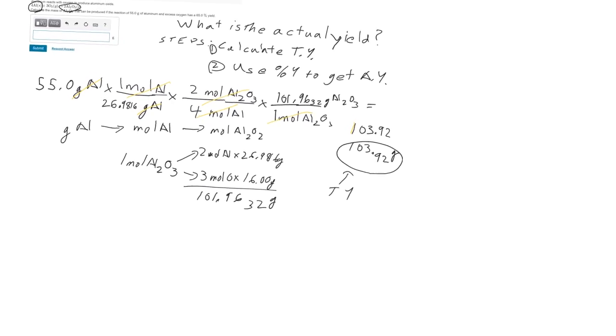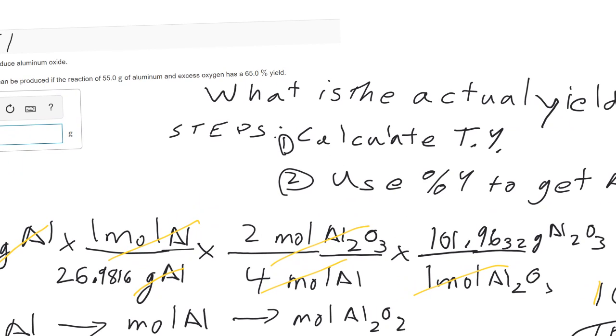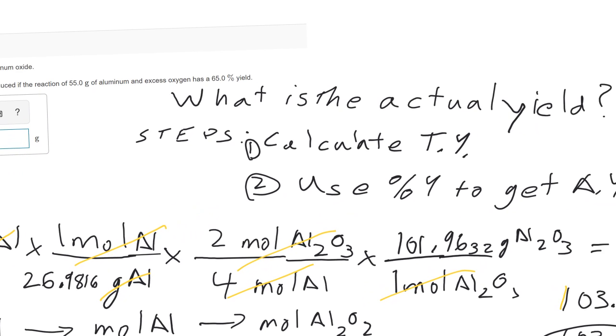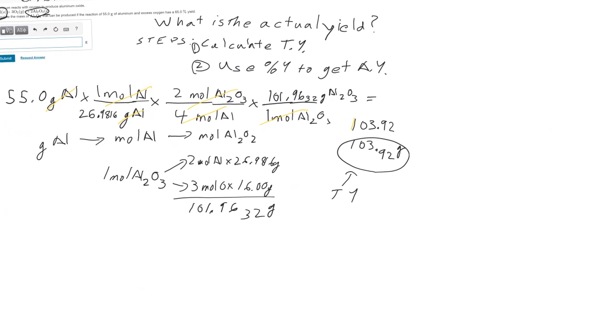We're going to use that percent yield. Real quickly, they told us that the percent yield was 65%. Well, remember, percent yield is equal to actual yield divided by theoretical yield times 100.